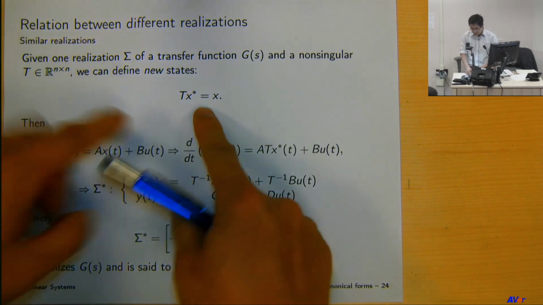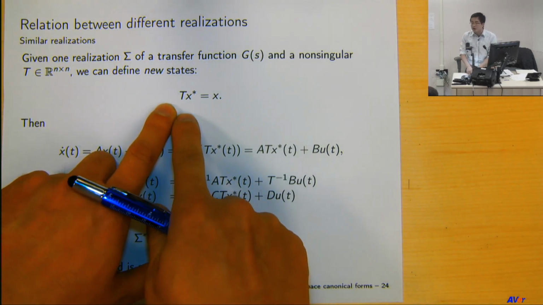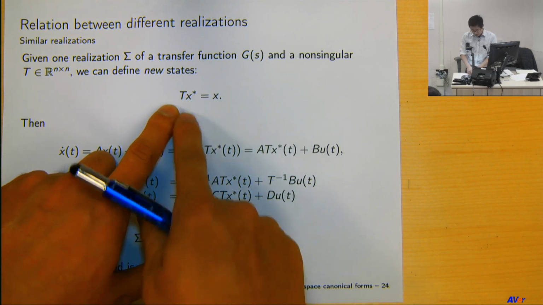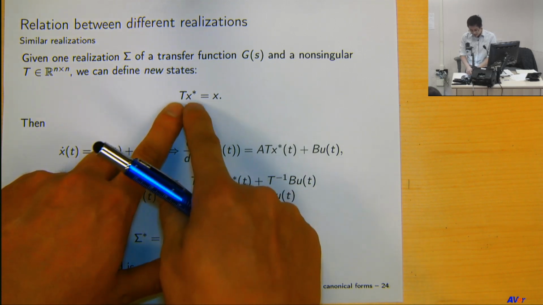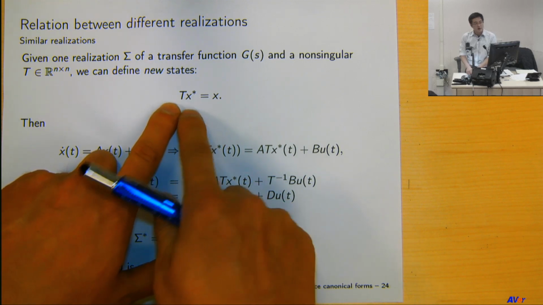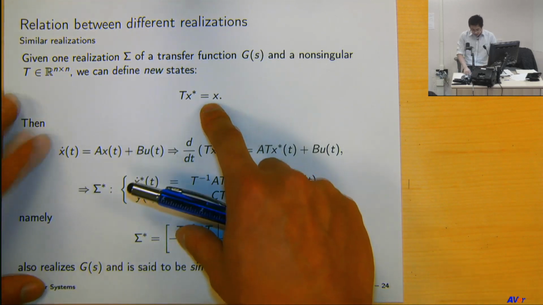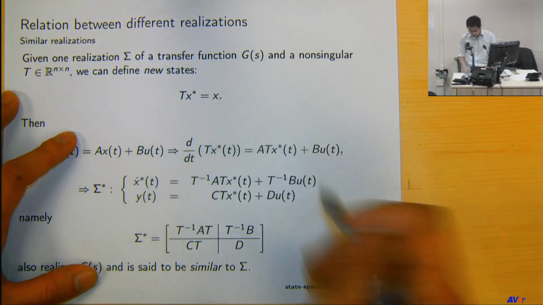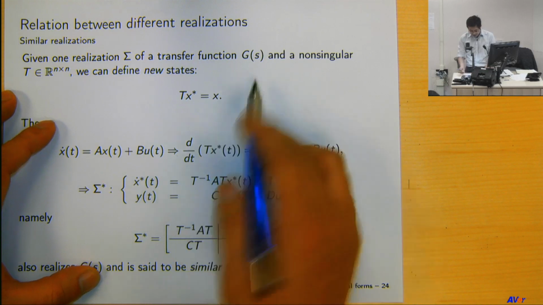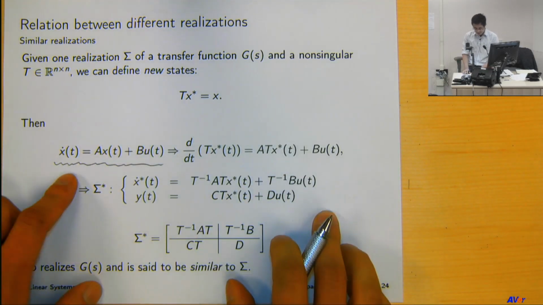We talked about how a matrix transforms a vector space to another. So if you multiply a vector x star by a matrix, it's just transforming the state to another kind of state representation. Let's do that. Let's say I have a state space realization ABCD. These are the state equations.